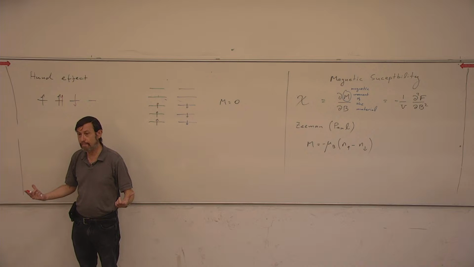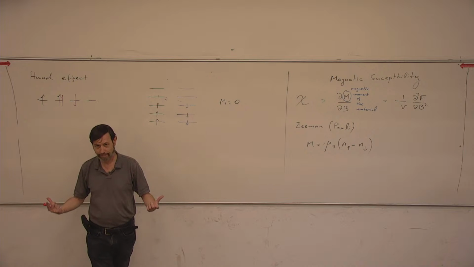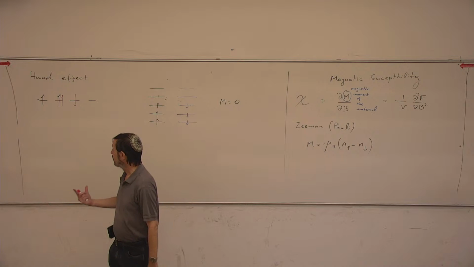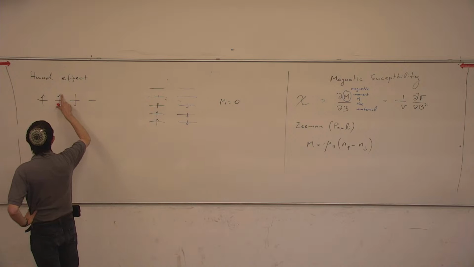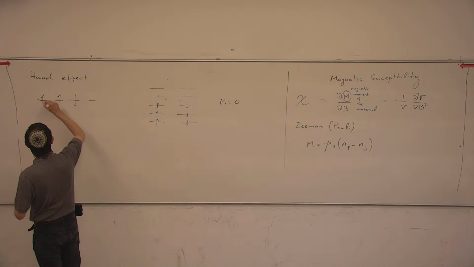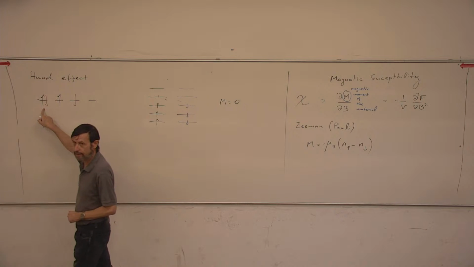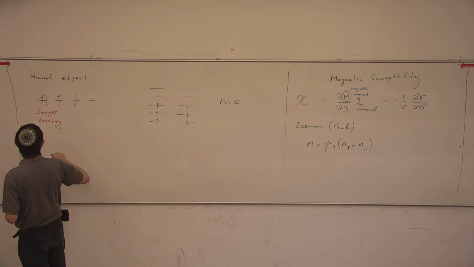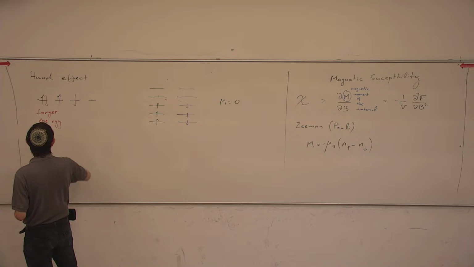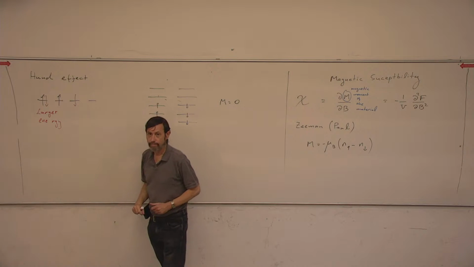If there are 2 separate states, then there is a smaller interaction energy. So this state is larger energy than this state.